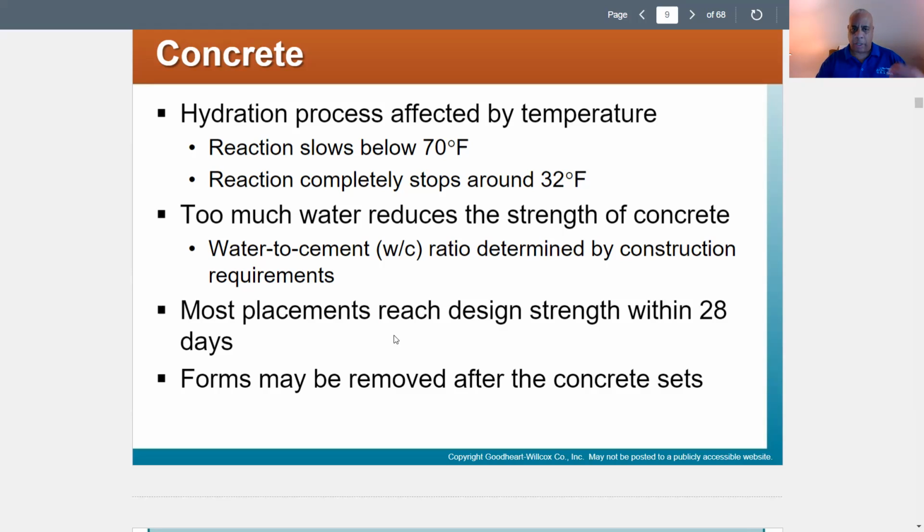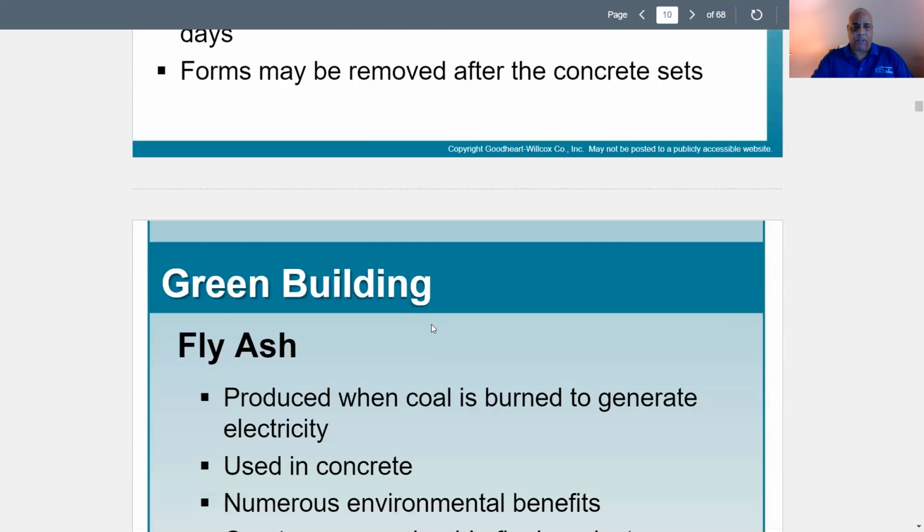That's why we have a W/C, which is a water to cement ratio. And that's basically determined by construction requirements, because most concrete design strengths are reached within 28 days of placing concrete. And then forms are removed after concrete sets.